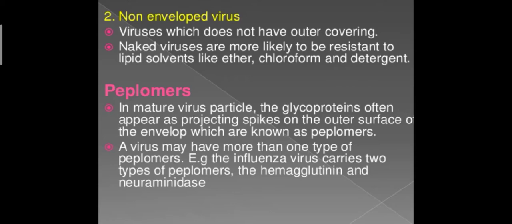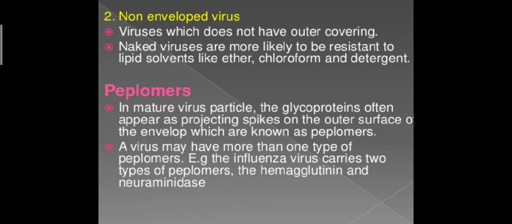Peplomers. In mature virus particles, the glycoproteins often appear as projecting spikes. On the surface of the specific virus, you can observe the projecting spikes. That is nothing but the peplomers, on the outer surface of the envelope.